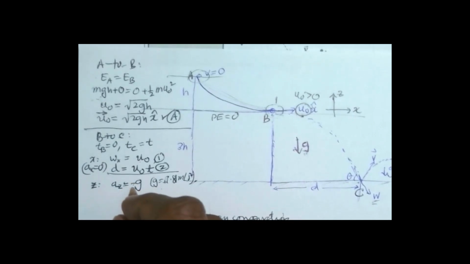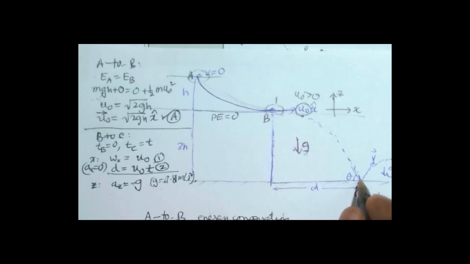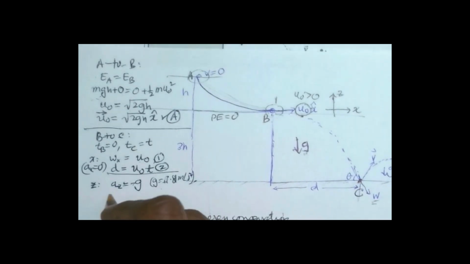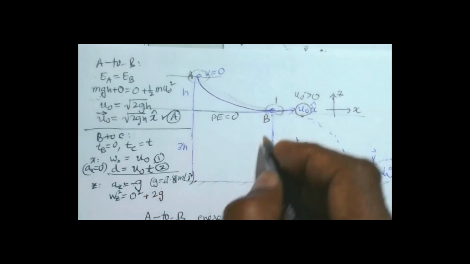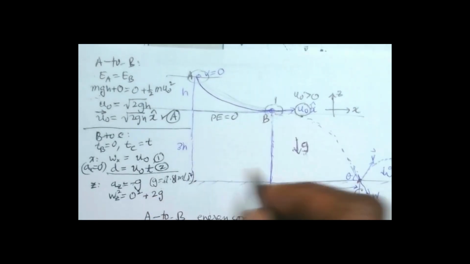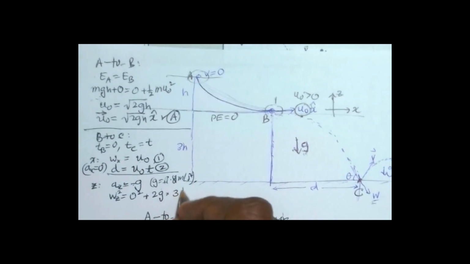So using that, you can see wz squared will be 0 squared plus 2g, and the amount of distance traveled is 3h.